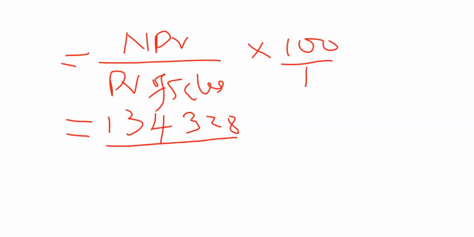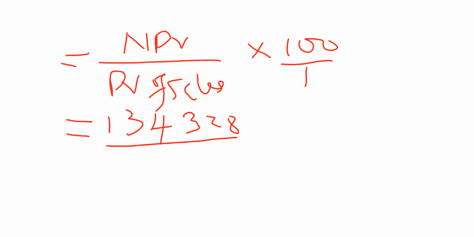Roman figure 3. Sensitivity margin of project cost. Let's start with P. Project cost equals MPV as numerator over present value of project cost.